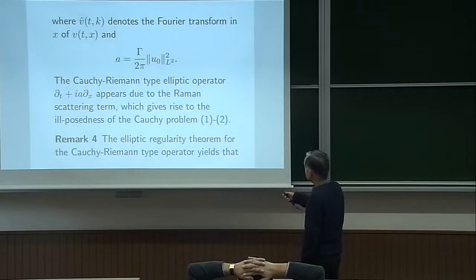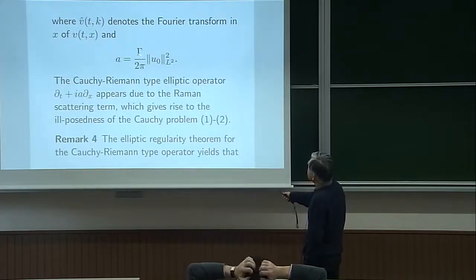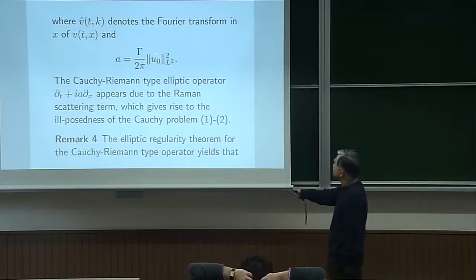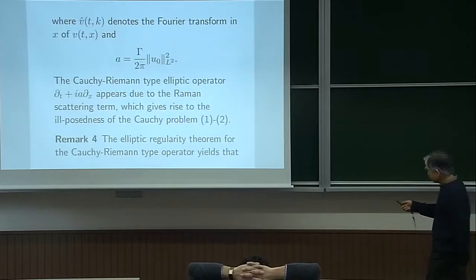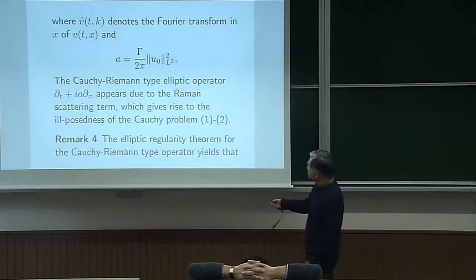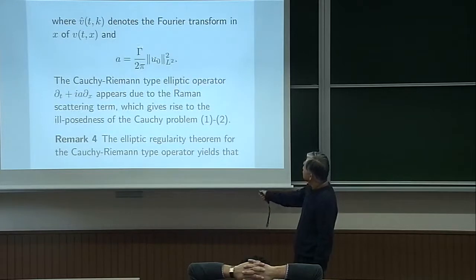A is defined as gamma over 2 pi times the L2 norm of the initial data squared. So now we have the mass conservation. This is equal to the L2 norm of the solution.